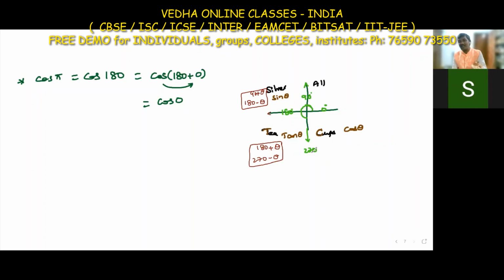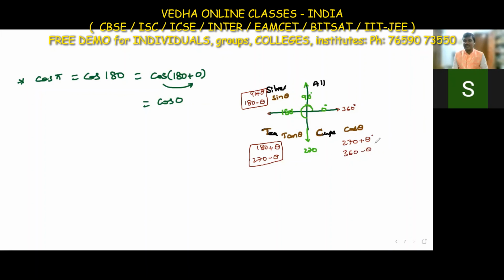If the angle is exactly 270, it lies on the y-axis, and if it is more than 270, it is 270 plus theta. Here is 360 degrees or 0 degrees, less than 360.